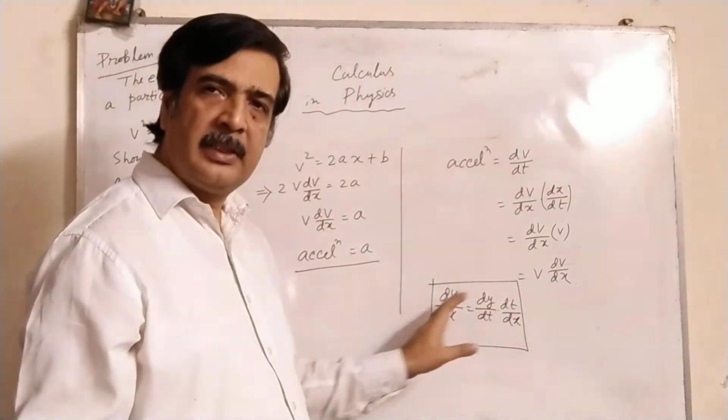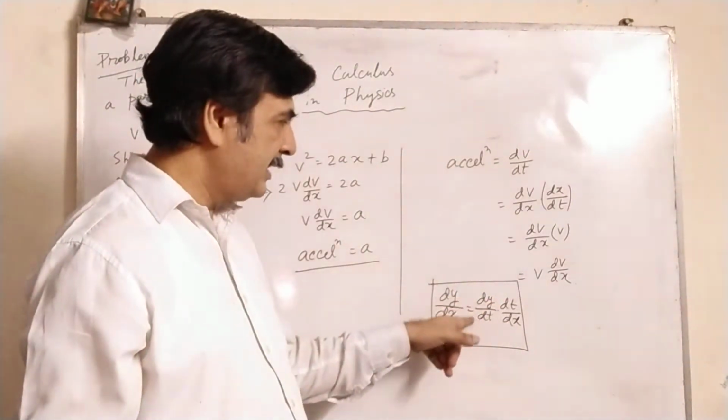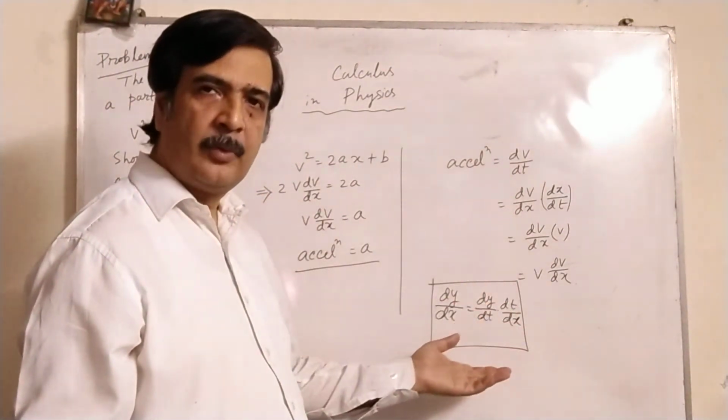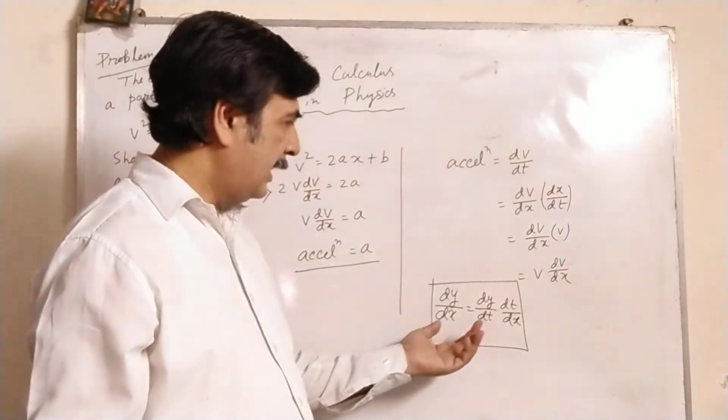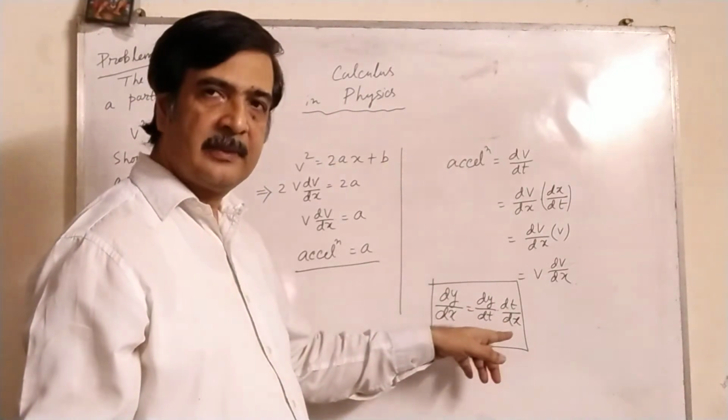So under limiting condition, delta will be transformed into d, and we are getting this formula: dy/dx is equal to dy/dt into dt/dx.